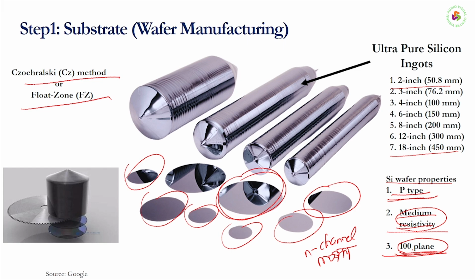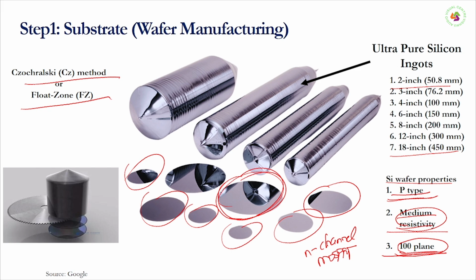So particularly we have to choose the 100 plane. There are other different types of planes, but for fabricating electronics, particularly if you want to fabricate on the silicon substrate, you need to choose the 100 plane. Let us take an example.